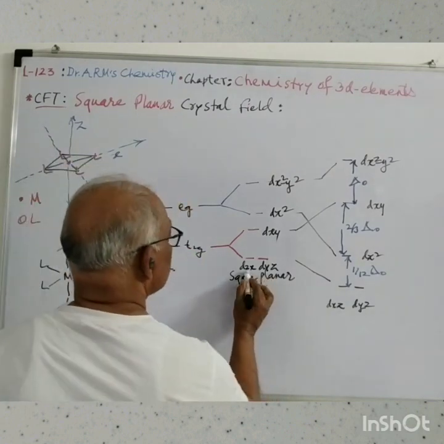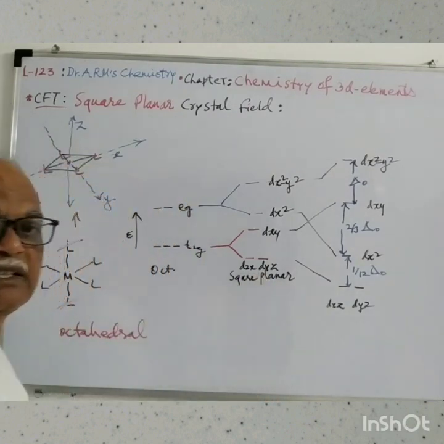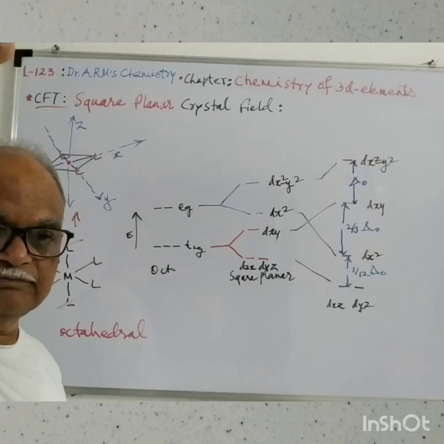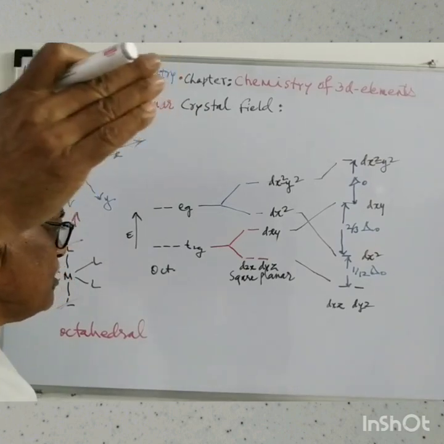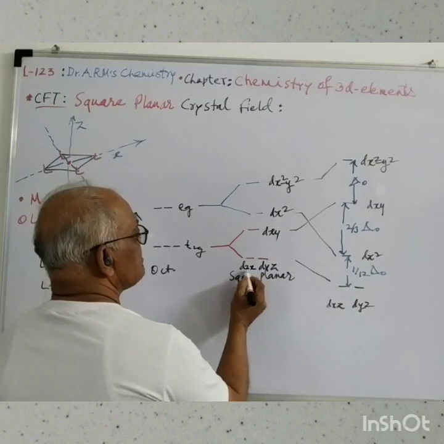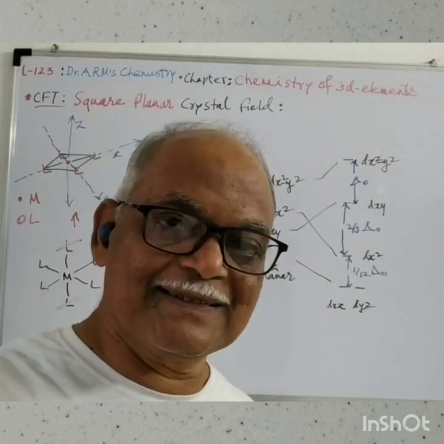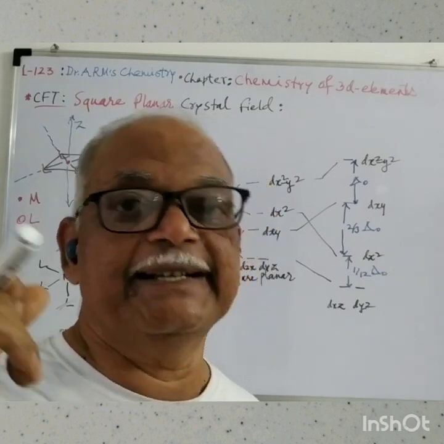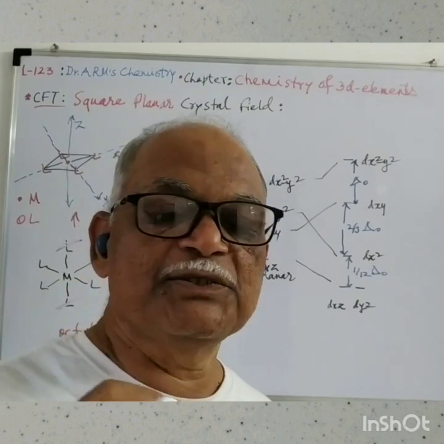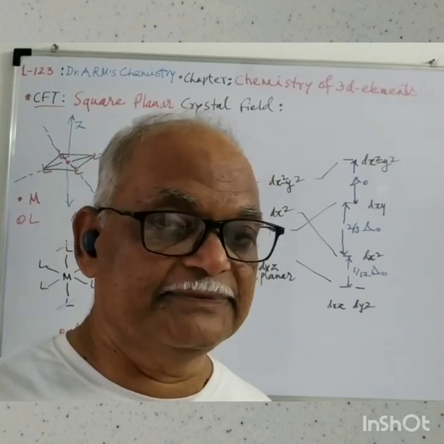Here we can see these orbitals remain in the plane or in between. If we see this dzx orbital, it is lying between the x axis and the z axis, and that is why it is called dzx or dxz.